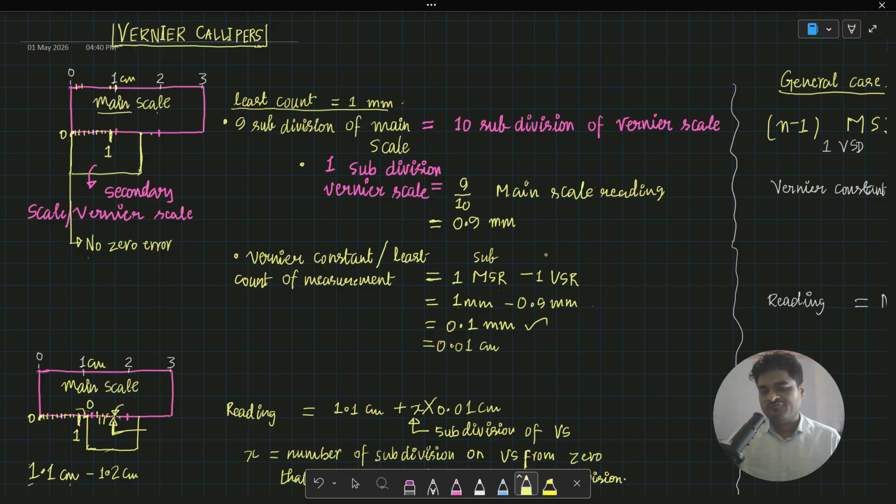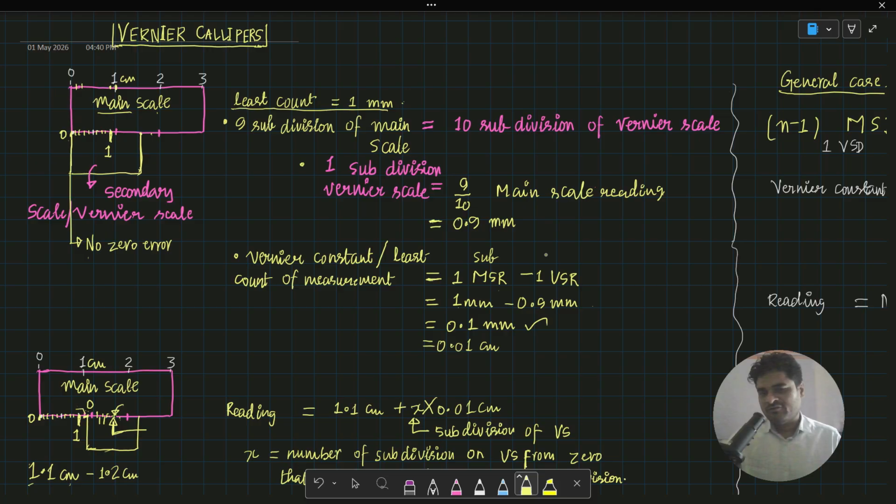Using these two scales with different least counts, because the least count of the main scale is 1 millimeter and the least count of the Vernier scale, the secondary scale, is 0.9 millimeter. Hopefully this is clear, because one subdivision of the Vernier scale can now read 0.9 millimeter.